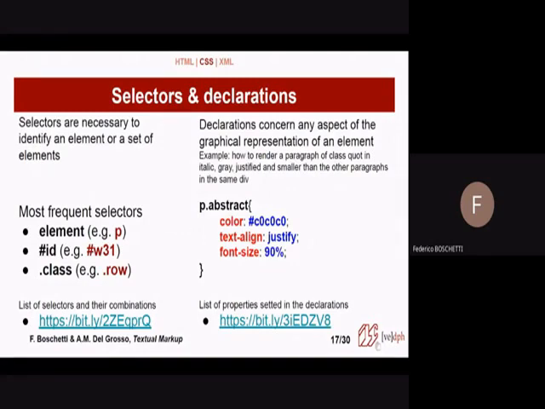Every time that you see this RGB representation with 3 values that are the same, it means that you have a different degree of gray. Why? Because R red, G green and B blue are set with the same value. So it is a shade of gray. And then I say that the text must be justified, and the font size must be 90% of its parent.